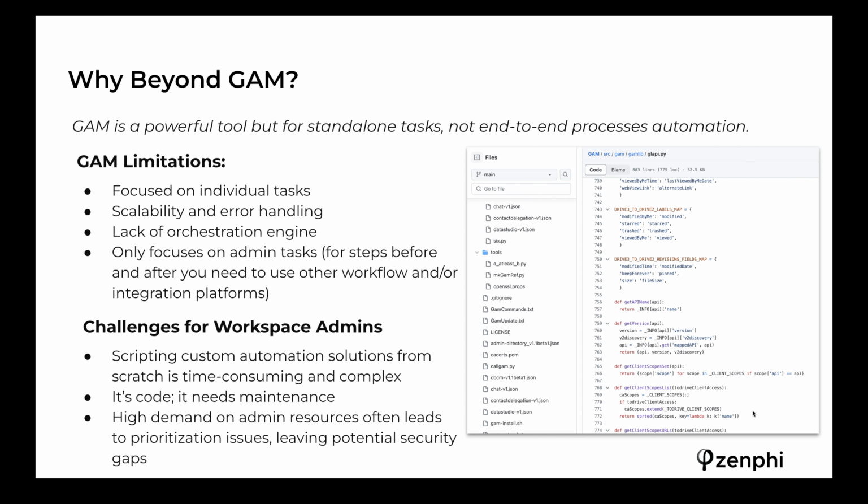So normally if you need to automate your processes end to end, you need to use one or more automation or integration platforms along with GAM as well. All of those pose a set of challenges for people like yourself, Google Workspace admins.